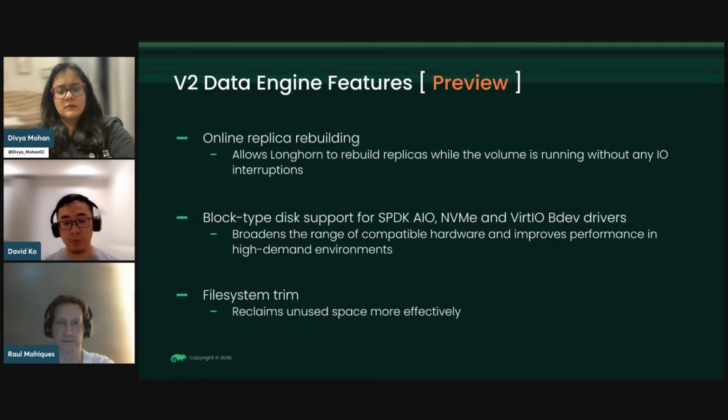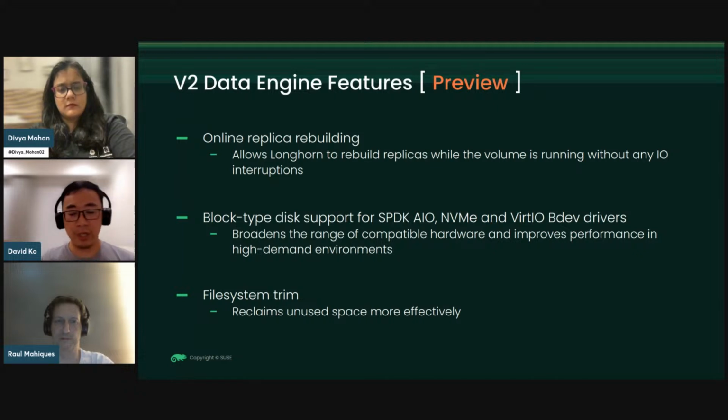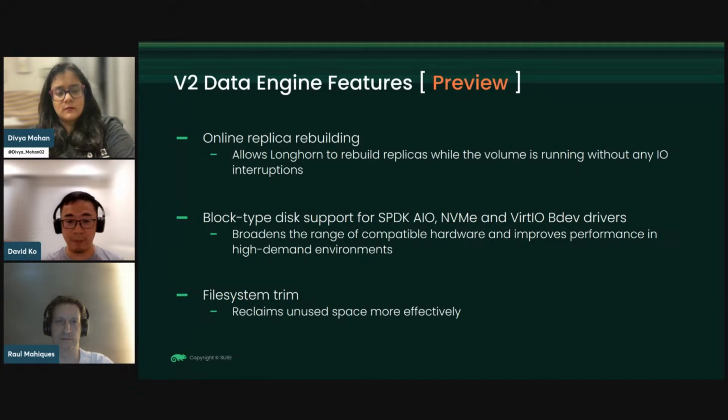But in 1.7, we want an adaptive way: AIO in general, NVMe if you have an NVMe block disk, and the VirtIO bdev driver if you run Longhorn in a VM and your VM disk is supported. In the different scenarios, we can manage the raw disk better to serve the V2 data engine with better performance. So this is block-type disk.